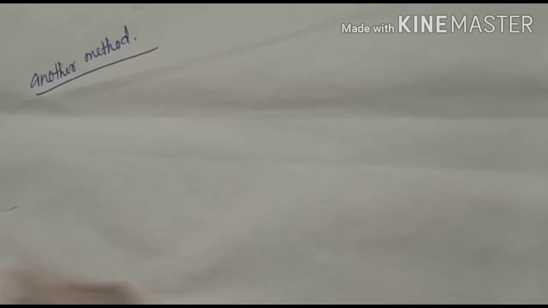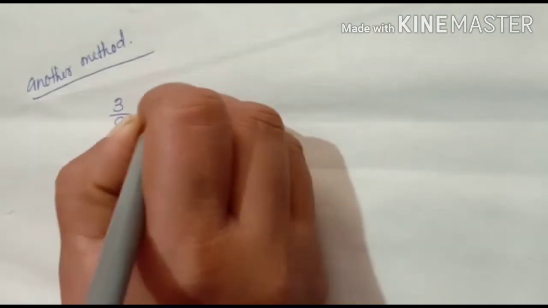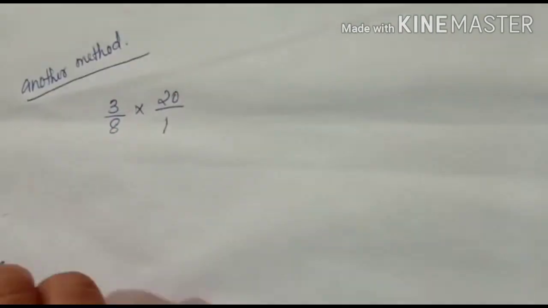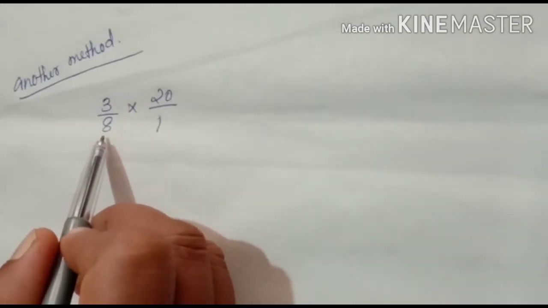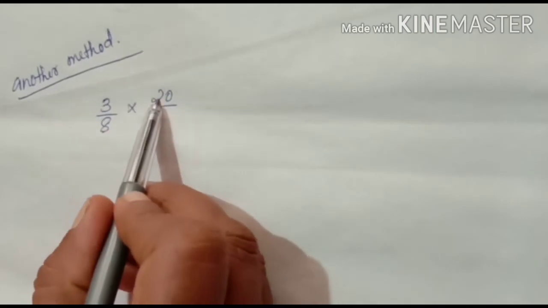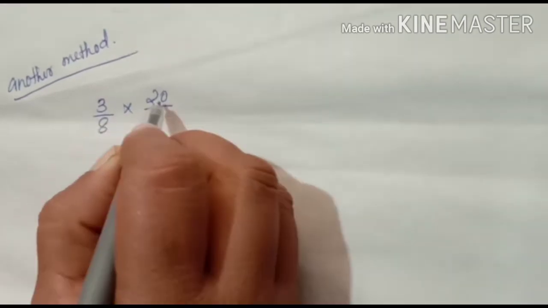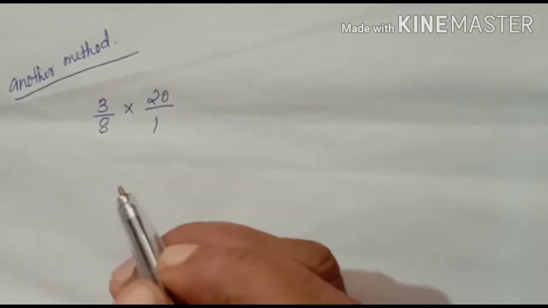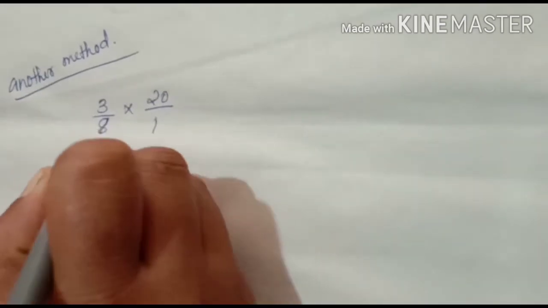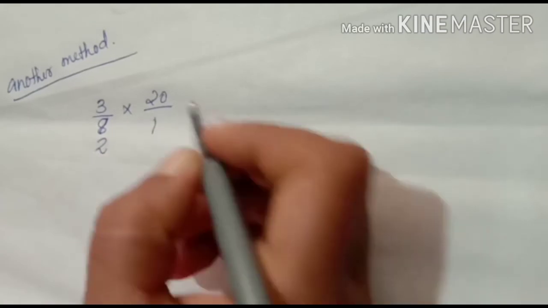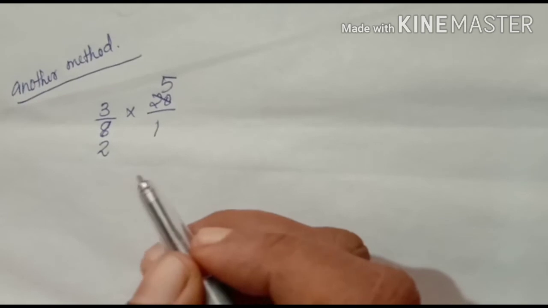Another method. We can write 3 by 8 into 20 by 1. We can cut from here itself. We can cut 8 and 20. 8 and 20 are multiples of 4, so we can cut both sides by 4. 2 times 4s are there in 8. 5 times 4s are there in 20.